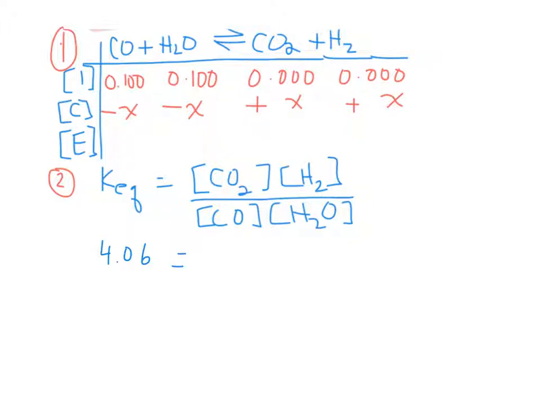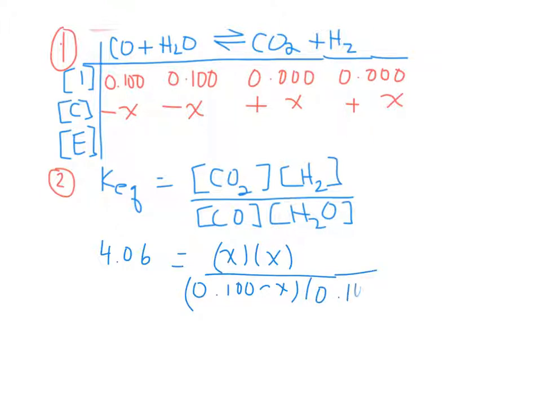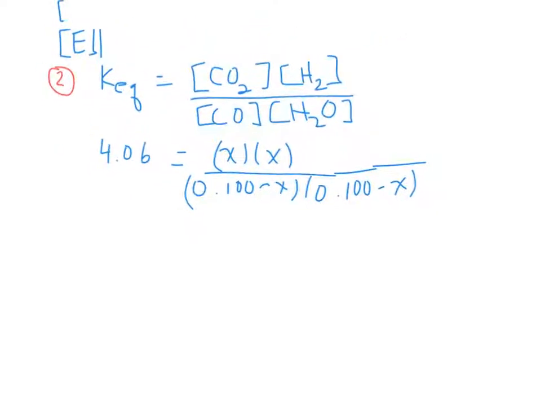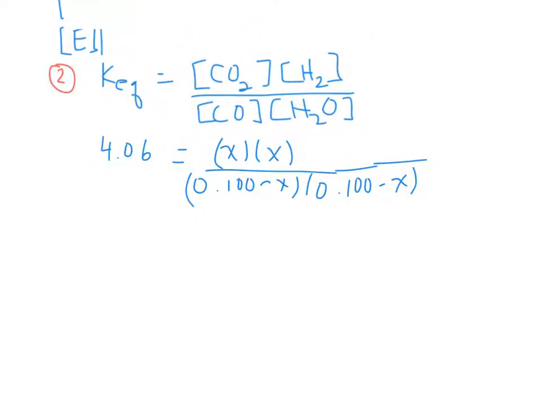So CO2 is X, so I have X times X divided by 0.100 minus X times 0.100 minus X. I'm going to simplify this just a smidge. So 4.06 equals X squared over 0.100 minus X, all squared.